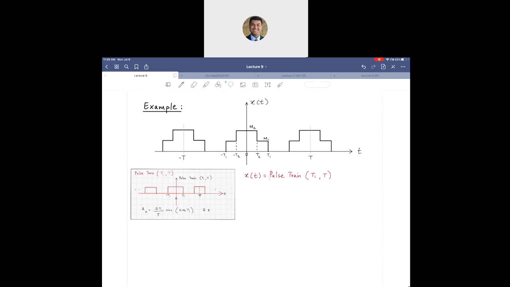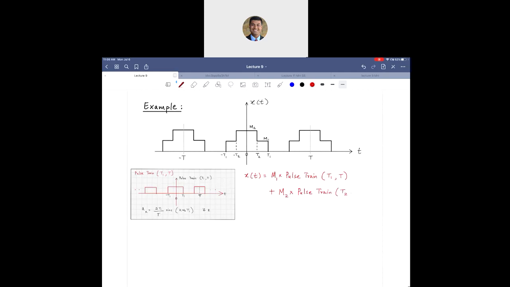So in fact this is m1 times that, plus I have m2 times pulse train over here.